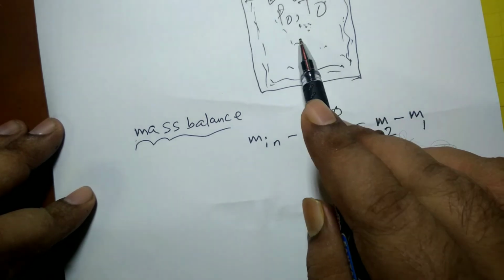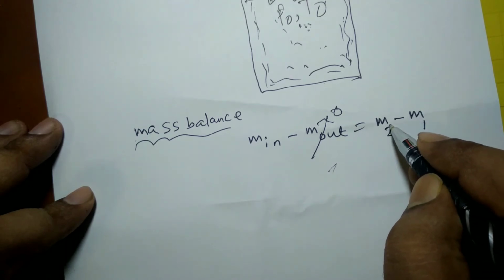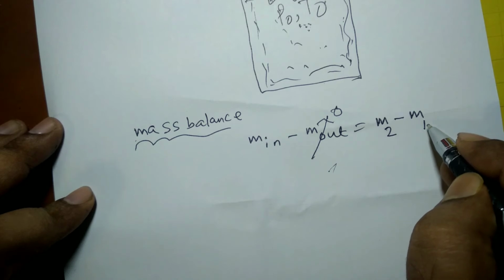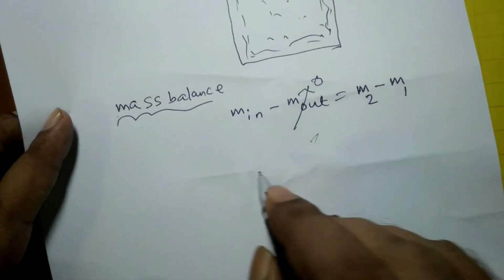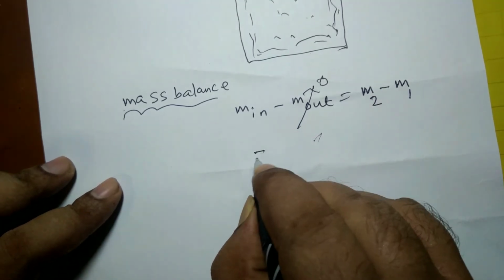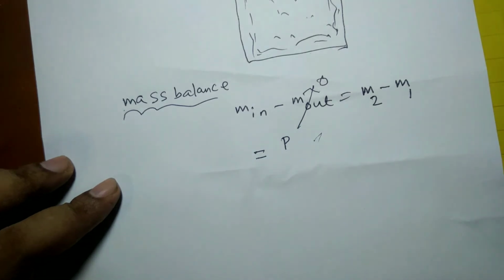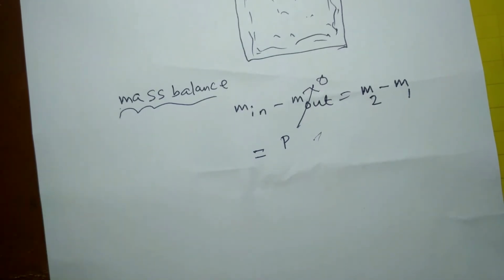m2 is the final mass. Once the pressure inside the cylinder reaches the supply line pressure, the process will stop, and at that point of time, what is the mass of air inside the cylinder? That is m2, and m1 is the initial mass of air in the cylinder, m2 minus m1. So this is equal to m2 hoga PV by RT. PV is equal to mRT, ideal gas equation will be put here.